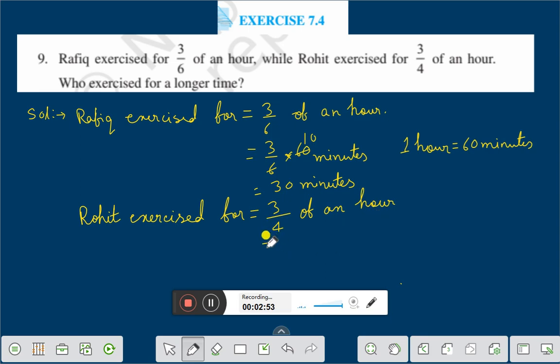Right? Therefore, we are getting 3 by 4 into 60 minutes.